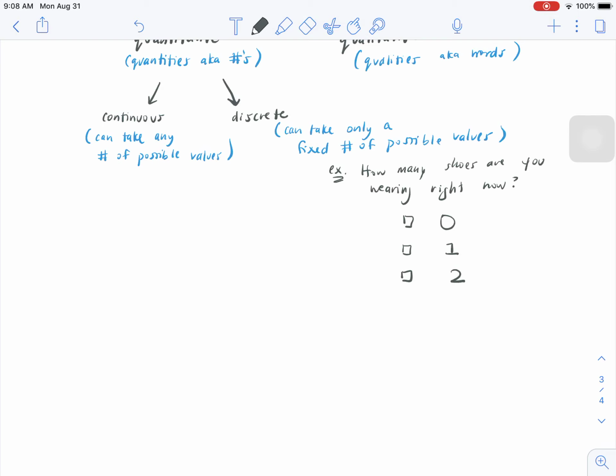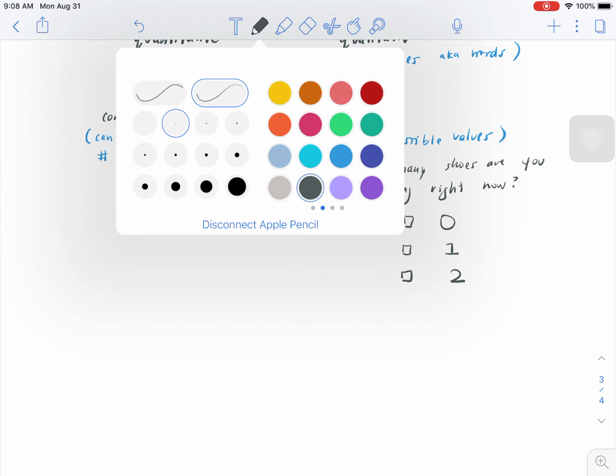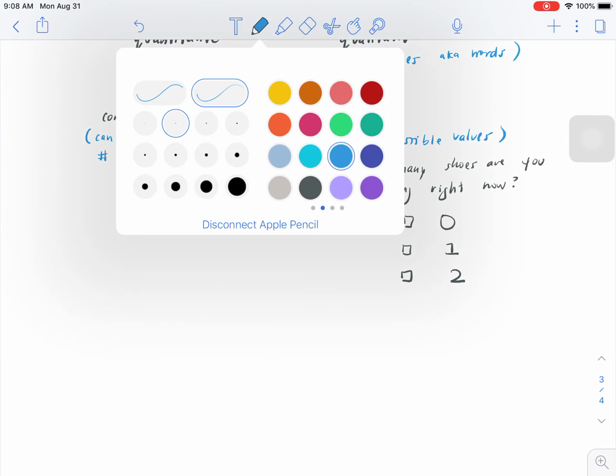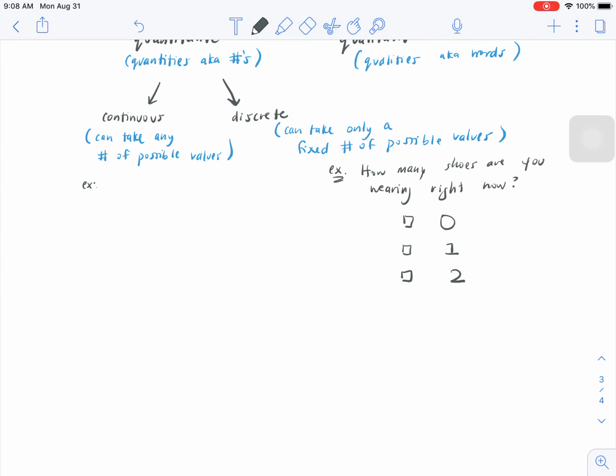Now a continuous variable, on the other hand, can take any number of possible values. So for example, if I asked, what is your bank account balance? That can take any number of possible values.